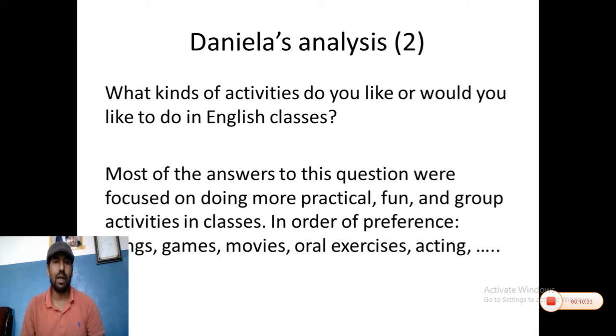And next one, analysis 2, you can see what kinds of activities do you like or would you like to do in English classes. Most of the answers to this question were focused on doing more practical, fun, and group activities in classes. In order of preference, songs, games, movies, oral exercises, acting, these are the data she collected.